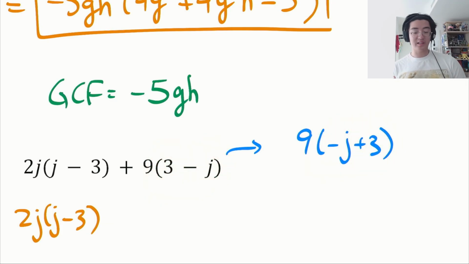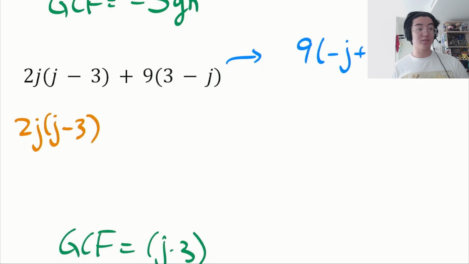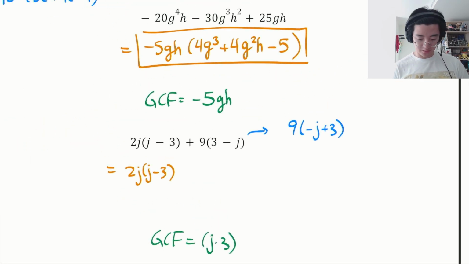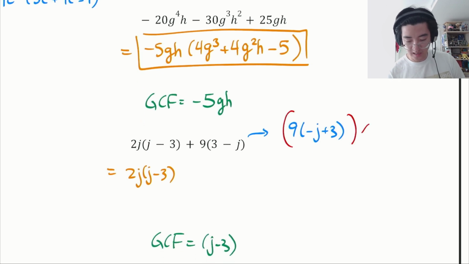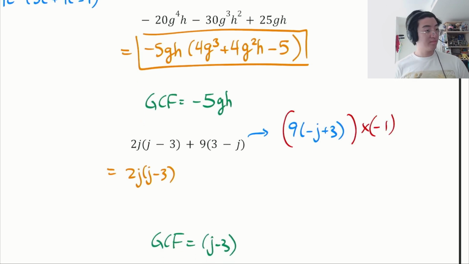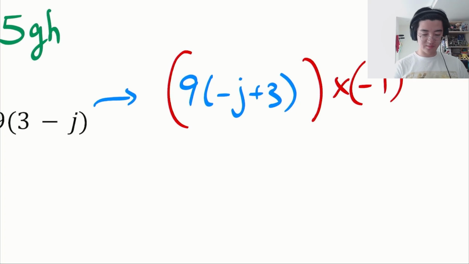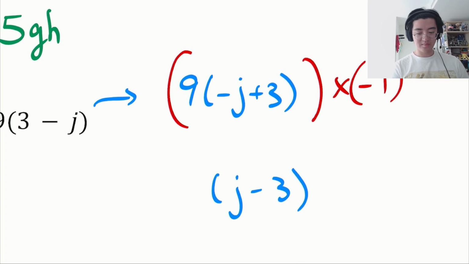So now how can we make everything j minus 3? We need this to be j minus 3 to be able to factor it out. So what we could do here is multiply everything by negative 1. Because if we multiply this by negative 1, the signs get flipped. This times negative 1 is positive j. 3 times negative 1 is negative 3.